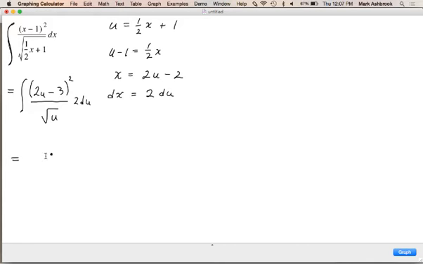So let's take the 2 out. How do we proceed from here? So is this undoing the chain rule? No, right? It's not. What can we do to make this something we can find? What's that? Tell me. What would it be?